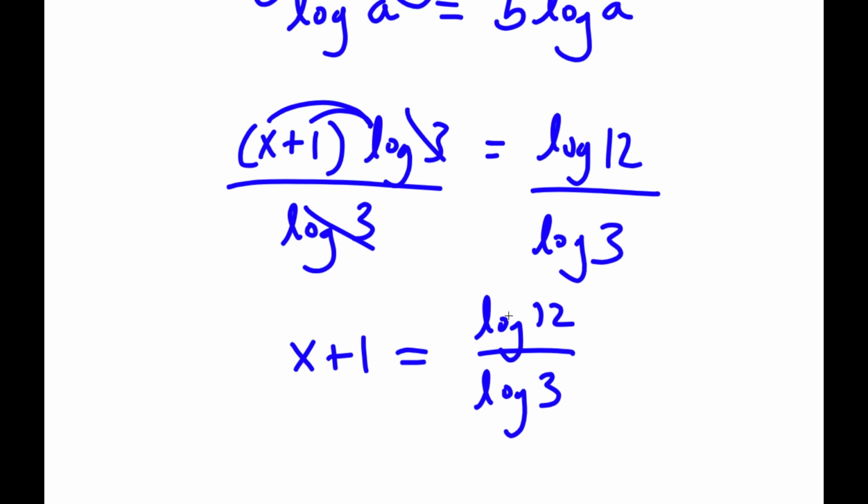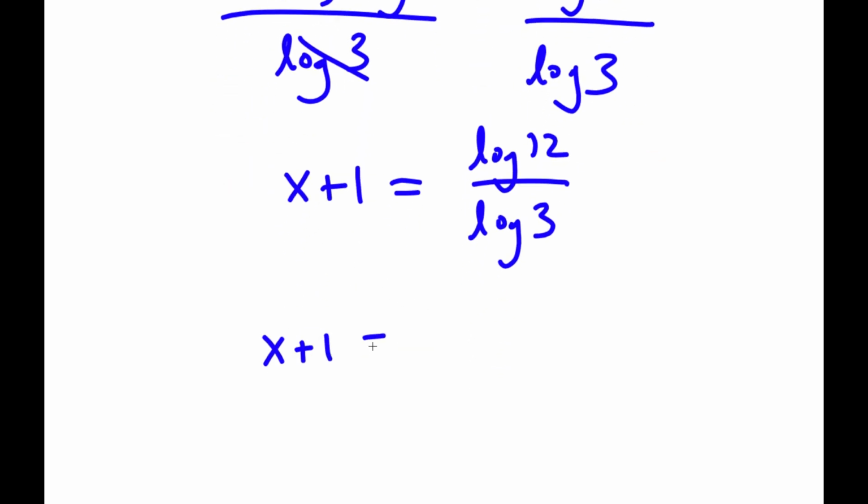So now I'm going to go ahead and find the value of log 12 over log 3. You could just simply plug log 12 into a calculator. The value of log 12 is approximately 1.079. And log 3, you could also put into a calculator, that's going to be 0.477.